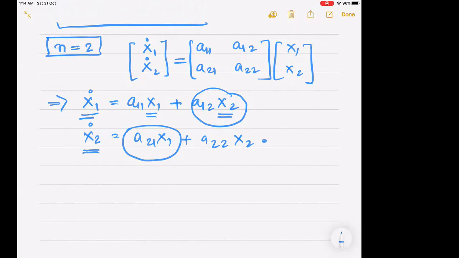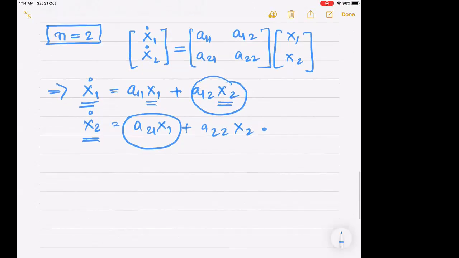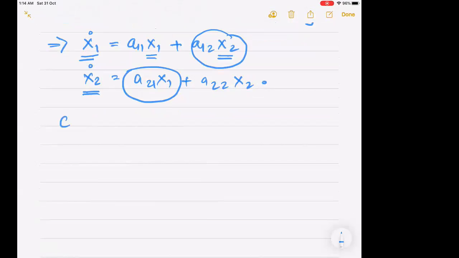So I need x2 to solve for x1, and in turn I need x1 to solve for x2. So it's a chicken and egg problem. Which one do you solve first? Neither. That's the problem of a coupled differential equation. The problem is happening precisely because of the coupling. By coupling we mean the presence of these variables.